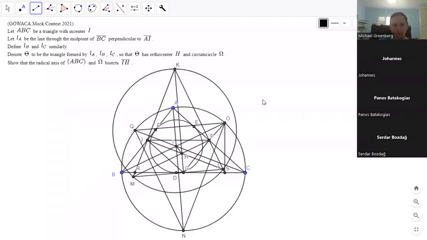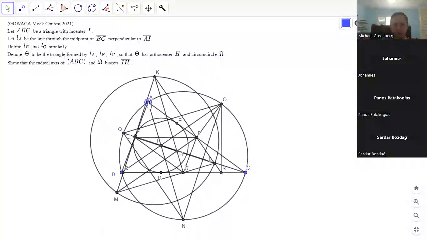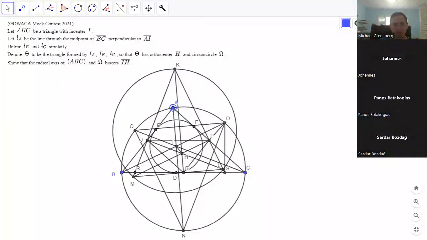So OP, it's not necessarily true that O, P, and G are collinear, right? But OP is perpendicular to AC because it's the midpoint of the arc, and P is the midpoint of AC. Okay.